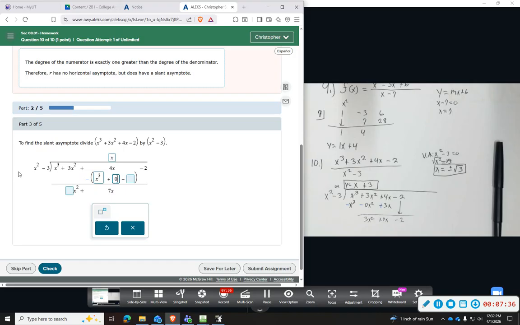0 here, and then we have 3x. I'm not sure. I'm trying to look at what they have off-centered here. Oh, they just bring down the 3x squared. So after the next step, bring down the 3x squared plus 7x, and then they're going to bring down the minus 2.